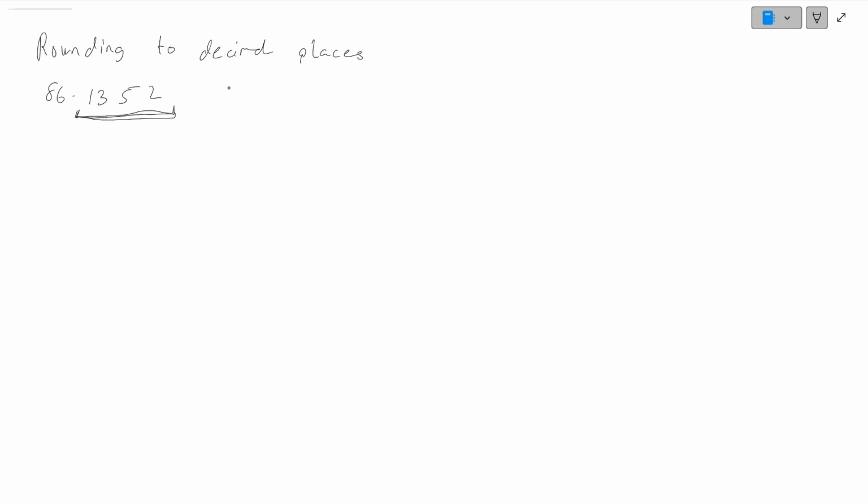If they say round this to 2 decimal places, then my second decimal place is my stop digit. In this example, my second decimal place is the number 3. So the stop digit is 3.